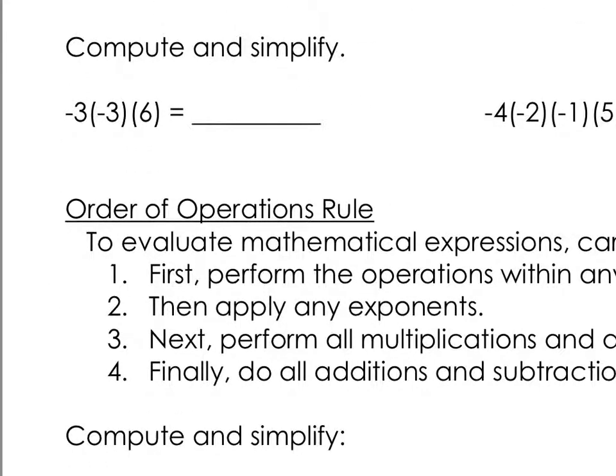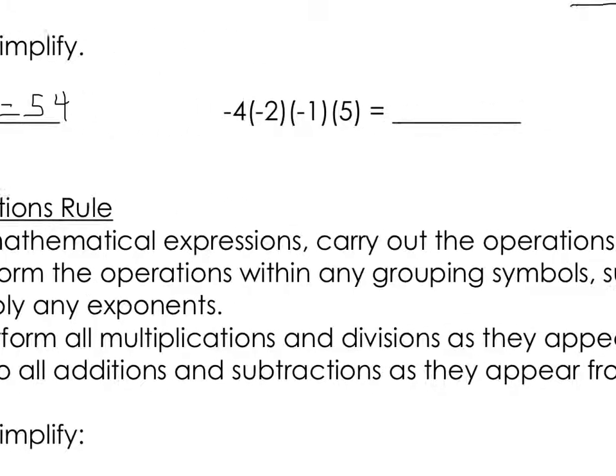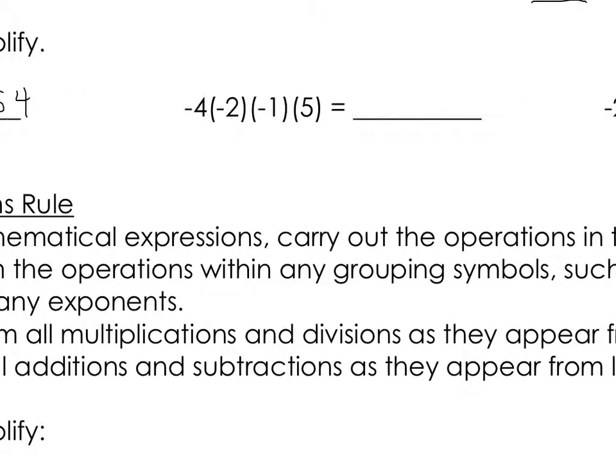Compute and simplify. So we have negative 3 times negative 3 is a positive 9, times 6, positive 54. Negative 4 times negative 2, let's group those two and group those two.